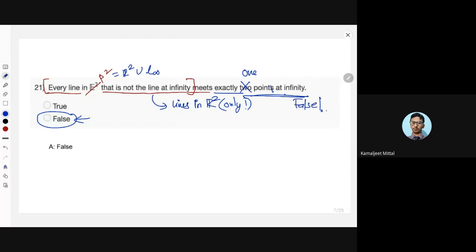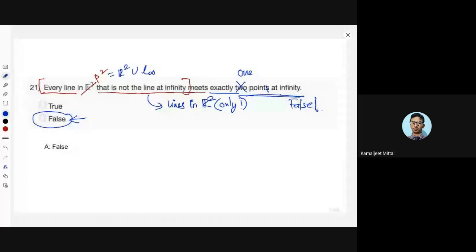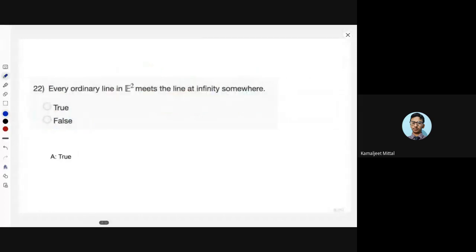Everyone fine with the explanation? Any doubt? Now let's discuss another question of the same flavor. I will ask you for the explanation for this question. Every ordinary line in E2 meets the line at infinity somewhere.